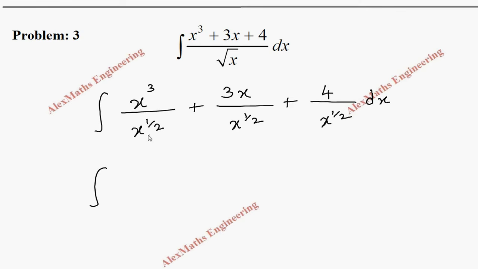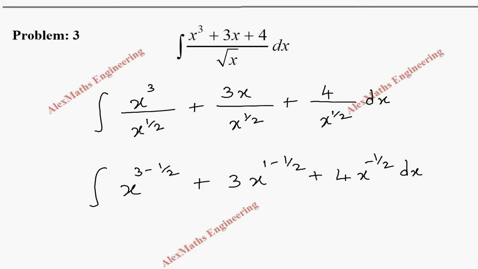Now, when the bases are same and it is division, we will subtract the power. So x power 3 minus half plus 3x power 1 minus half, and this we can carry to the numerator as minus half. Then we have dx.